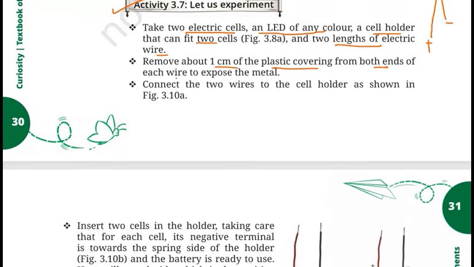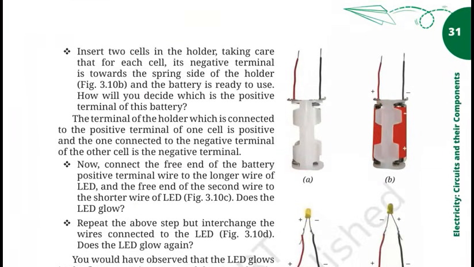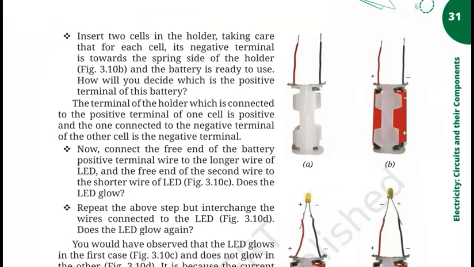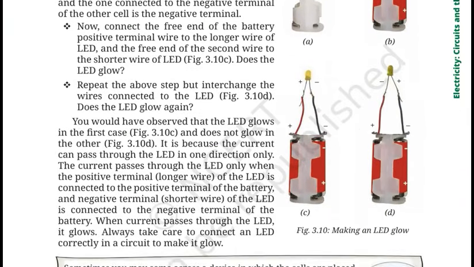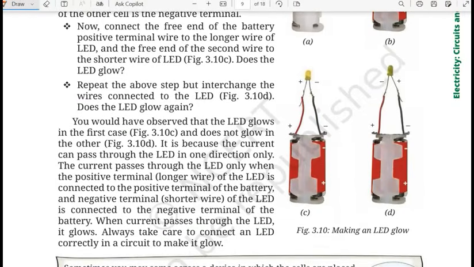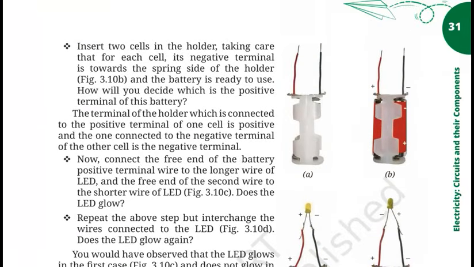So in figure 3.10a, you see here. So we have to make the LED glow. How do we do that? Here you see we have the wires. We have removed the plastic covering of both the wires and we have connected them to the cell holder.